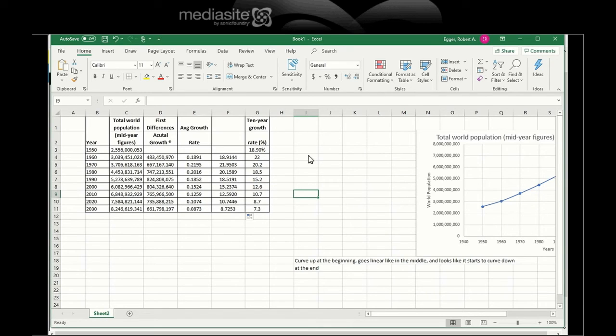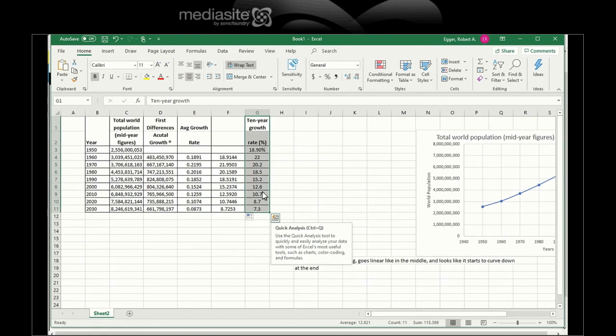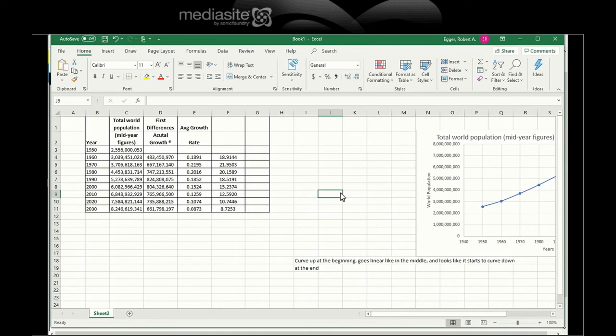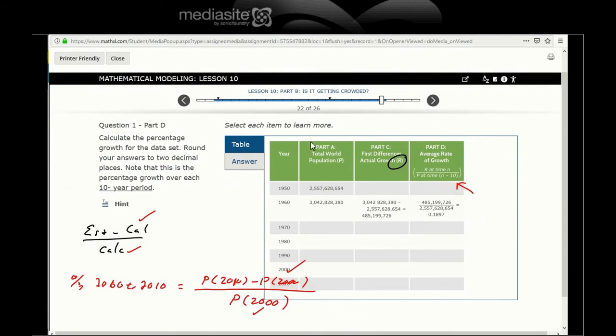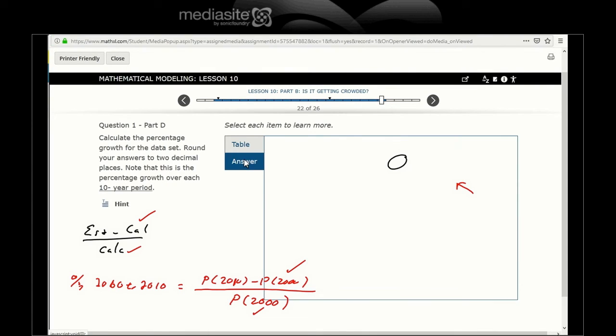All right. This table here, I must be looking at, gee, from 1950 to 1960 was 18, 60 to 70. Let me get rid of this guy. All right. So that's what they get.